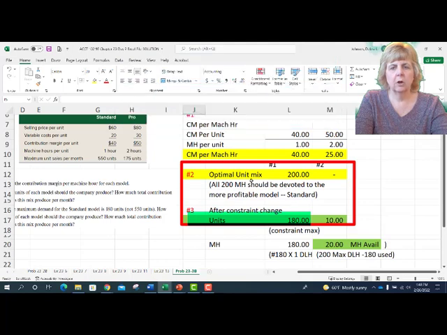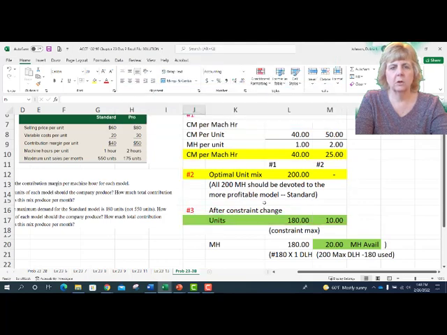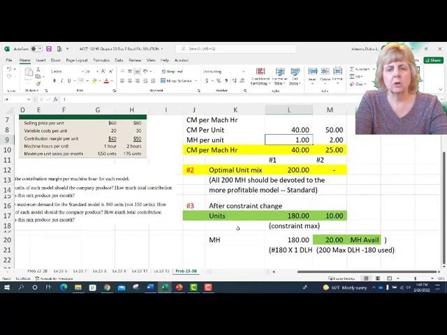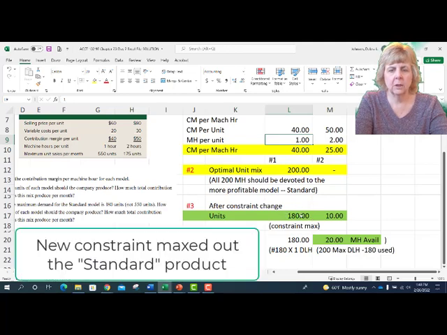And we noticed that all 200 hours should be devoted to the more profitable model. Since each one of those standard models takes 1 hour to complete, we would make 200 units. Okay, and none of the second product. When they switched up the constraint on you, that changed our most optimal sales mix because the customer demand was only at 180 units.